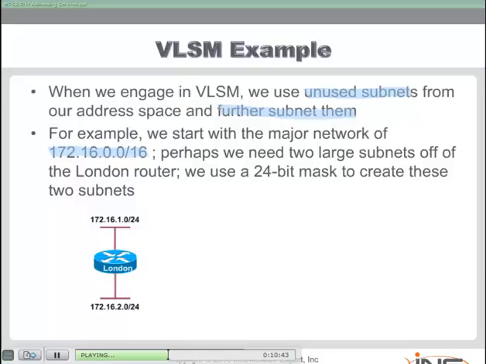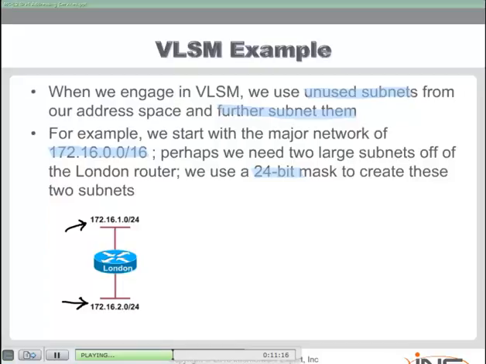So we go ahead and we use a /24-bit mask to create these 2 subnets. Look at this. We've got 172.16.1 and we've got 172.16.2/24. You know from the earlier design calculation we did that each of these areas can support 254 hosts, right?